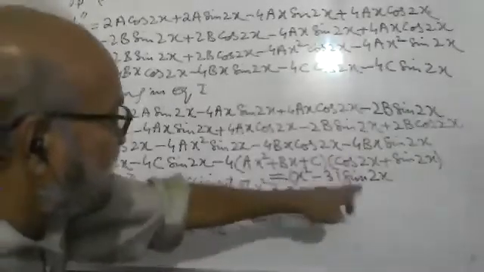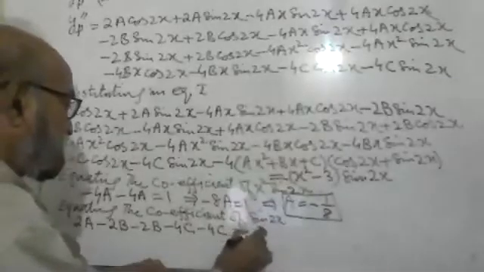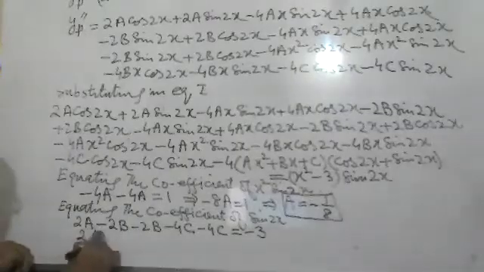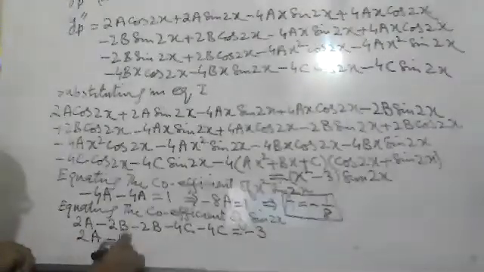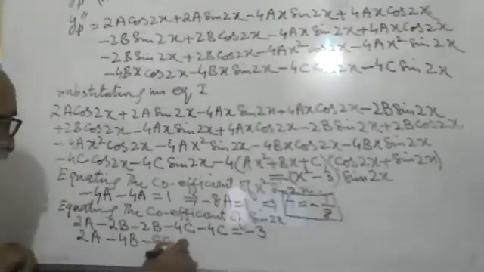And on that side will be minus 3. So 2a minus 4b minus 8c is equal to minus 3.